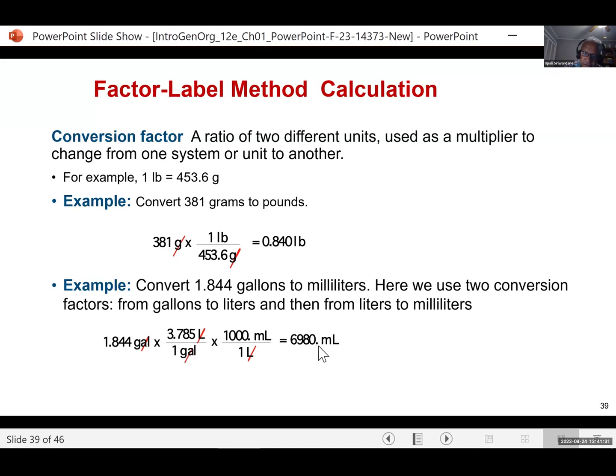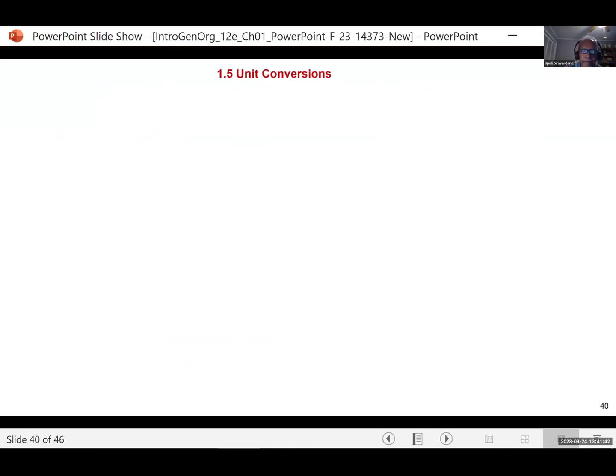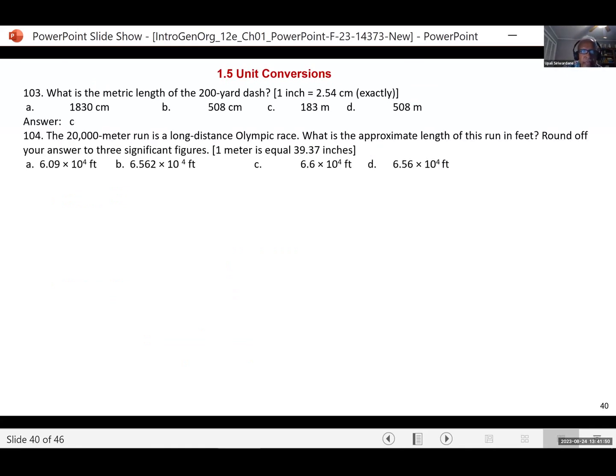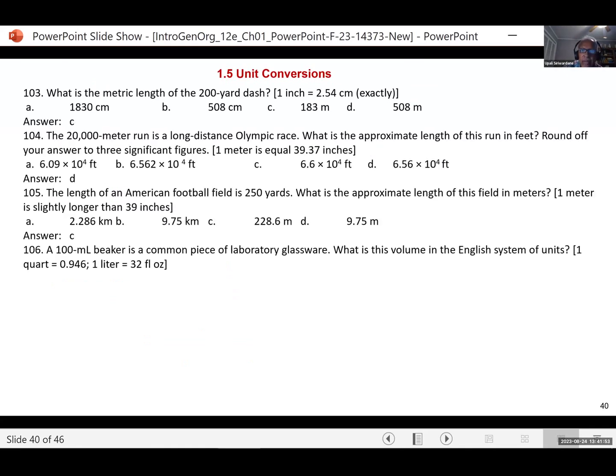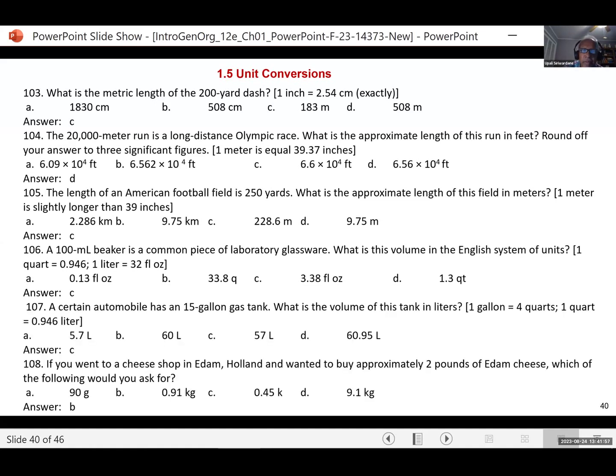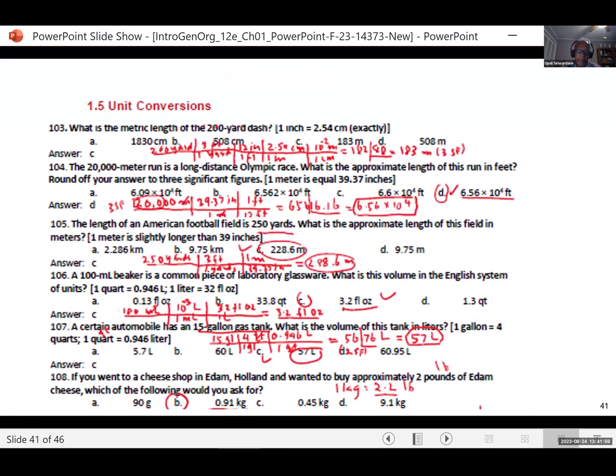The decimal place after this 0 makes this 0 also significant. 4 significant digits here. So we're going to do some calculations. I'm going to do a couple of them.